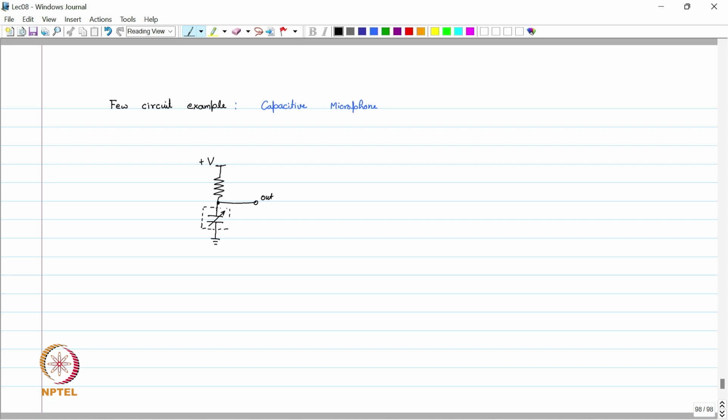So this is our microphone, and the sound wave comes from the left and hits this capacitor.